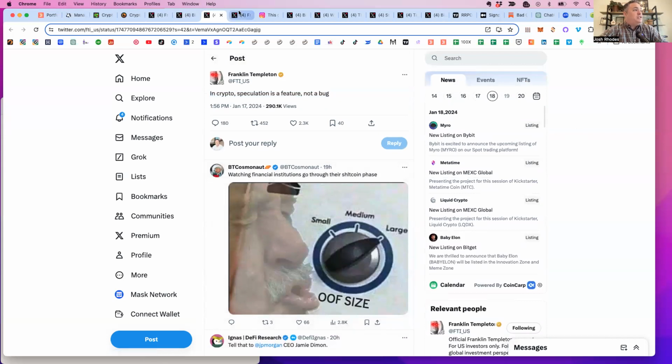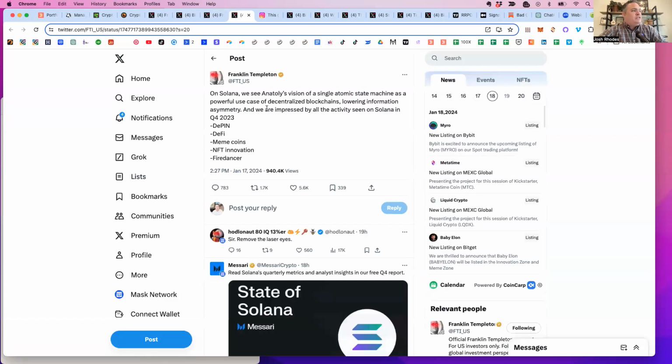The conversation is real. Even here in this Franklin Templeton tweet on Solana, the fact that an ETF is even talking about Solana, which is a layer 1 blockchain that was built to compete with Ethereum.